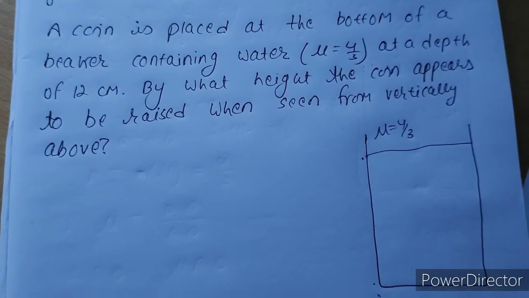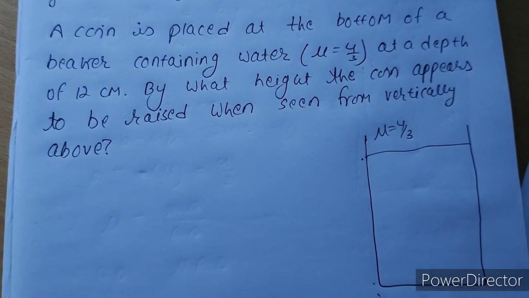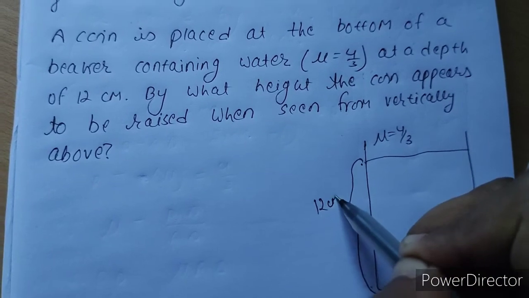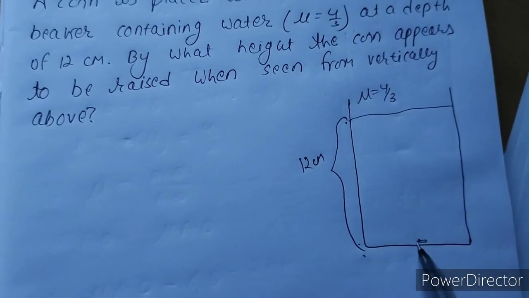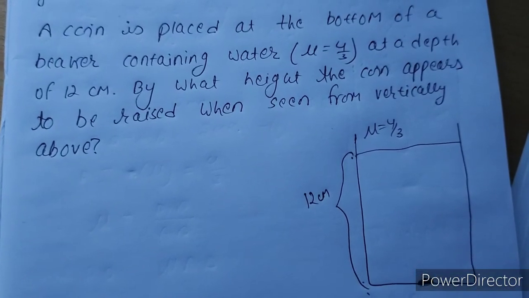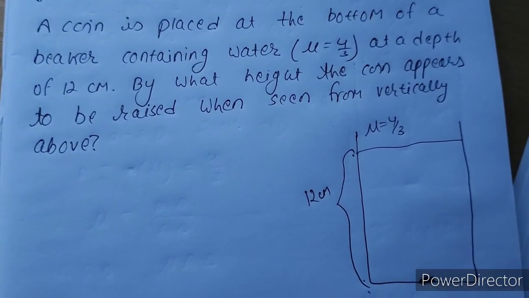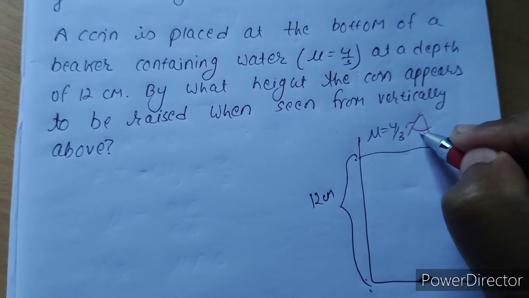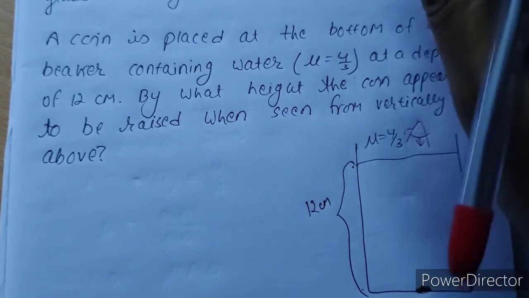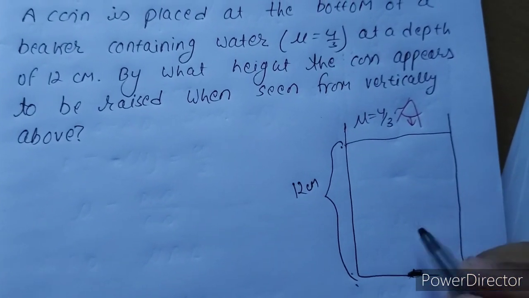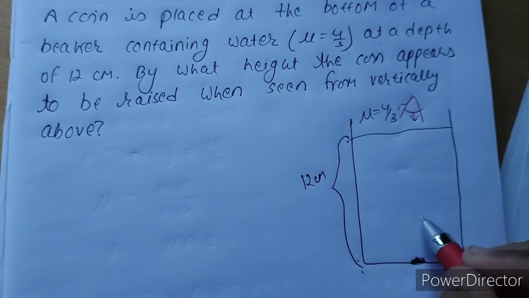So the depth of water is 12 centimeter, which means this depth is 12 centimeter and a coin is placed out here at a depth 12 centimeter. By what height the coin appears to be raised when seen from vertically above? If someone is looking from this direction, by what height does the coin appear to be raised?